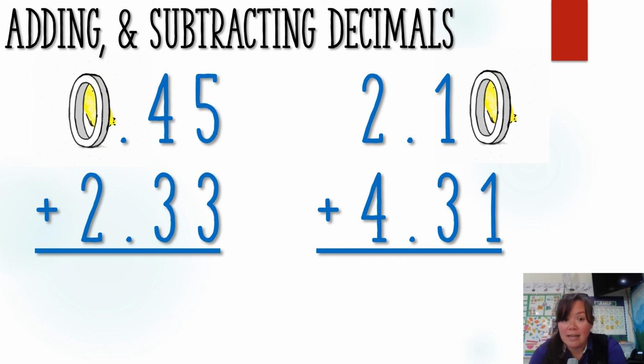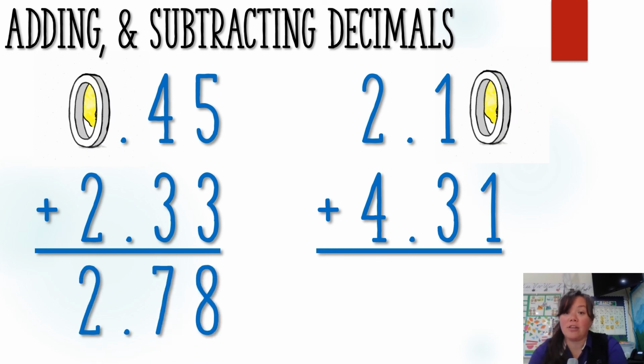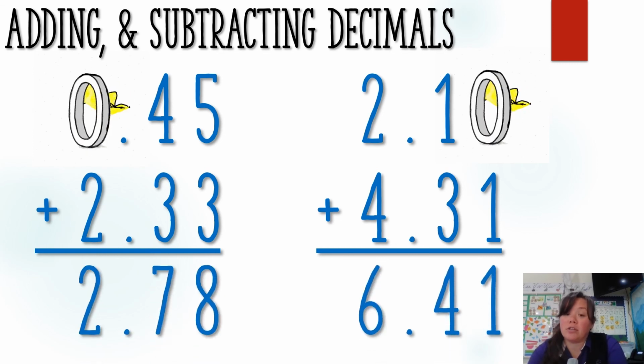Once you've added in the magic zeros, you add or you subtract like normal, and you get your answer. Don't forget to borrow when there's subtraction. I know that that's hard, and I know it takes time. Borrow sugar from the next door neighbor. Do it carefully, and you'll get the correct answers, okay?